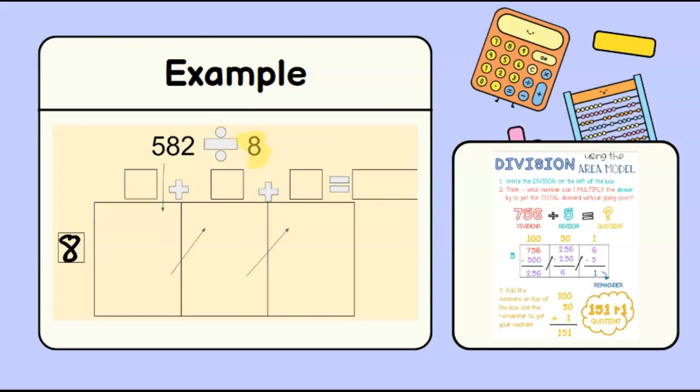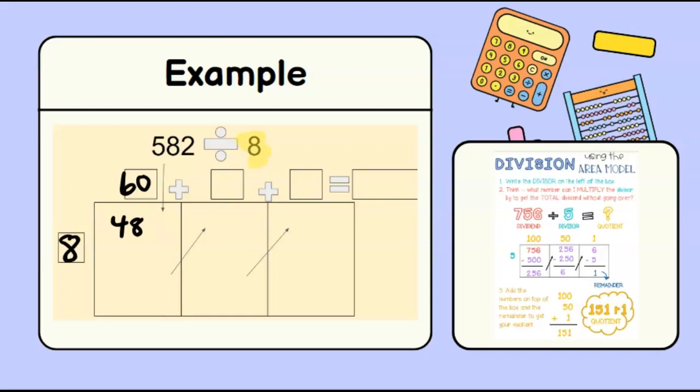Now I've got to think, out of my math facts, what can I multiply by 8 to get close to 582? Well, I know that 8 times 6 is 48. So if I multiply 8 times 60, I'm going to get 480, which is a pretty friendly number.